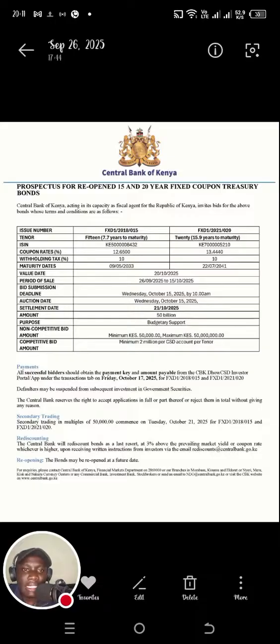The withholding tax is 10%, and it is 10% of the interest, not 10% of the principal. When the Central Bank of Kenya posted the prospectus on their Facebook page, the first comment I saw was someone asking, how come the coupon rate is 12% and the withholding tax is 10%?